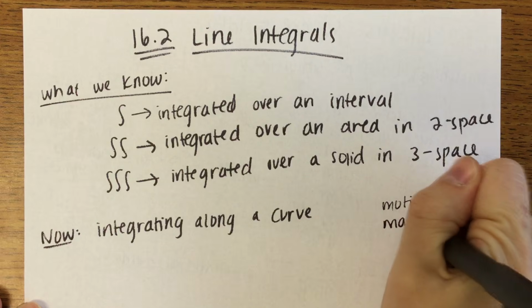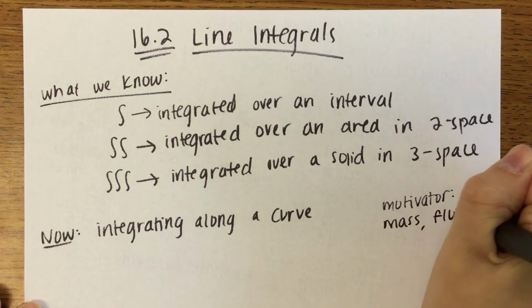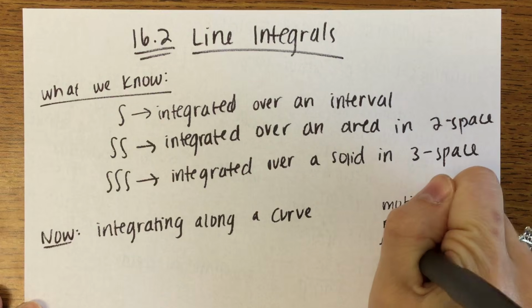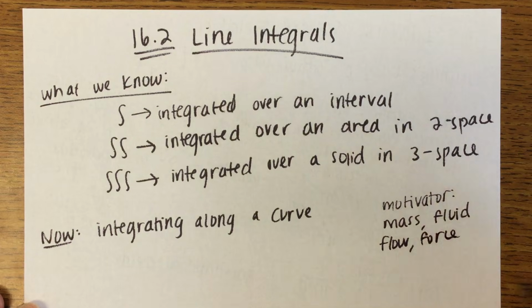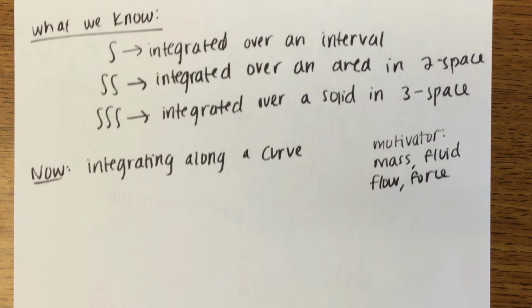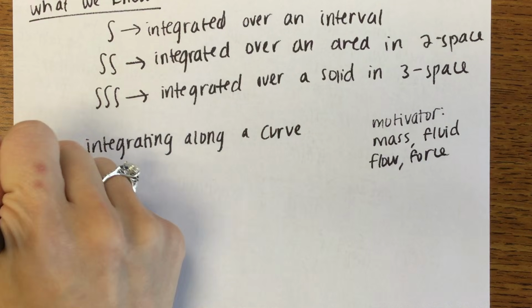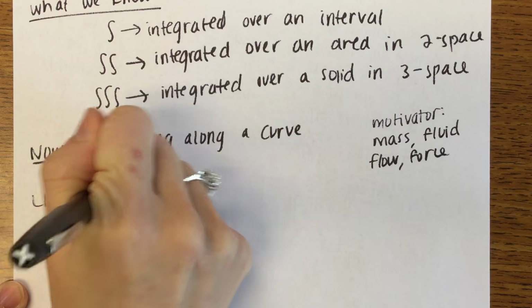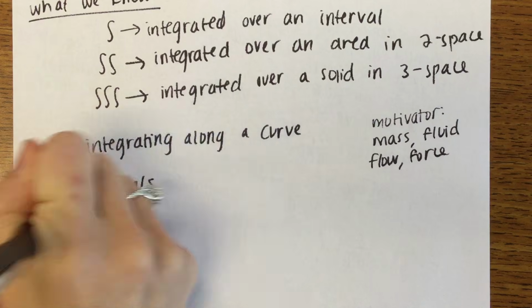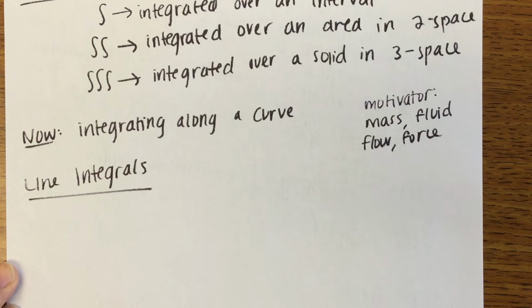It's related to mass, fluid flow, force, and as you see on the board from one of the objectives, it's also related to work. So we're going to jump right in with line integrals.